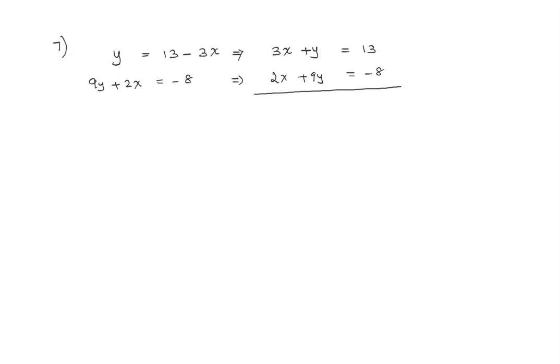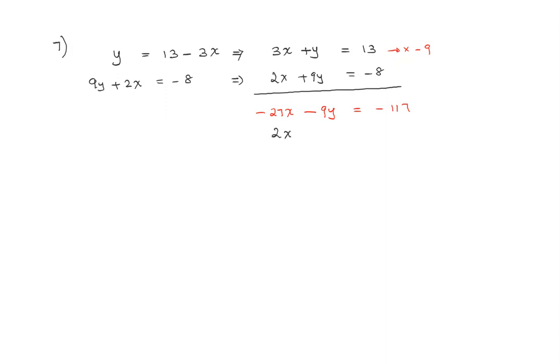So I'm going to multiply the first equation by -9. So this becomes -27x, -9y equal to -117. And write the second equation as it is.